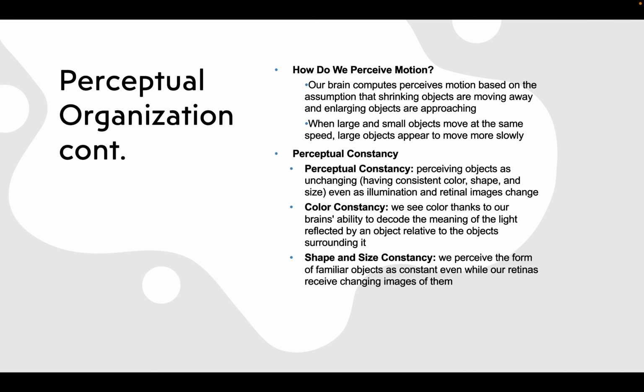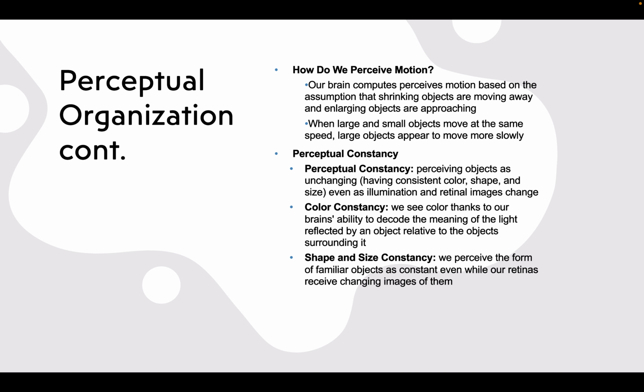So how do we perceive motion? Our brain computes perceived motion based on the assumption that shrinking objects are moving away and enlarging objects are approaching. When large and small objects move at the same speed, the large objects appear to move more slowly.